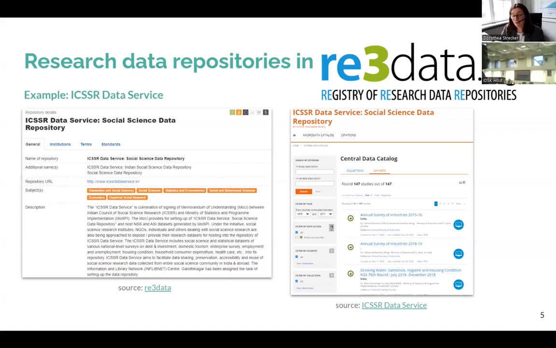Re3Data has an open API and uses open licenses, so anyone is free to use that information for any purpose they choose. And on the other side, you can see a screenshot I took from the repository a couple of days ago. And you can see how Re3Data tries to translate the information on the repository website into Re3Data.